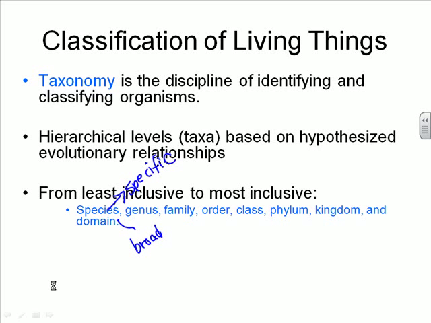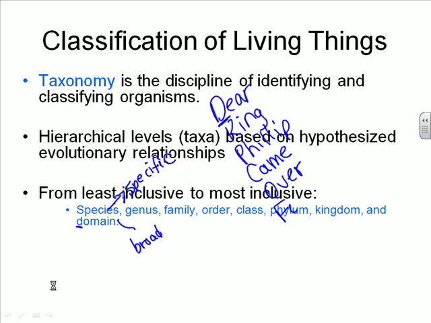Now there is a little mnemonic device, a little rhyme to help you remember this order. The mnemonic device just uses the first letter to remind you of something: Dear King Philip came over for good spaghetti.